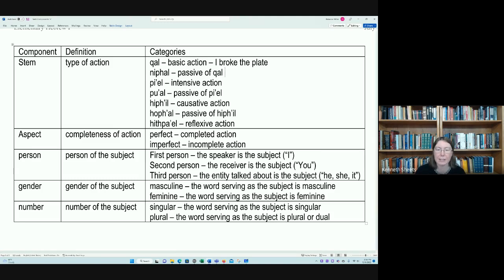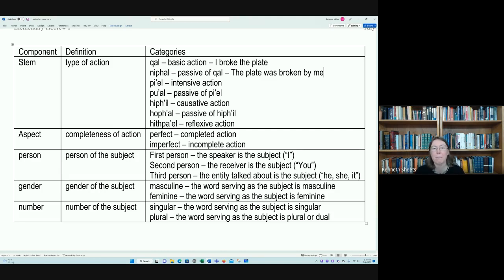In this instance with the nifal, still we would have that basic action, that same idea of broke, but in this instance, the recipient of the action, the plate, is going to be the subject of the verb. So thus this would be the plate was broken by me. So kal, basic action, I broke the plate. Nifal is the passive of the kal, the plate was broken by me.